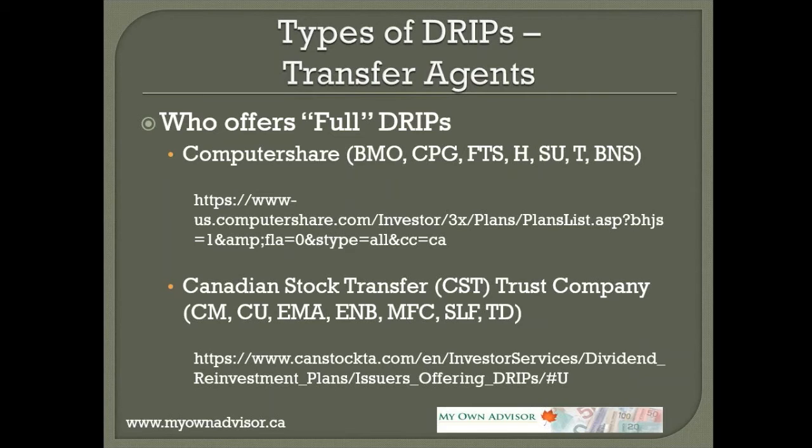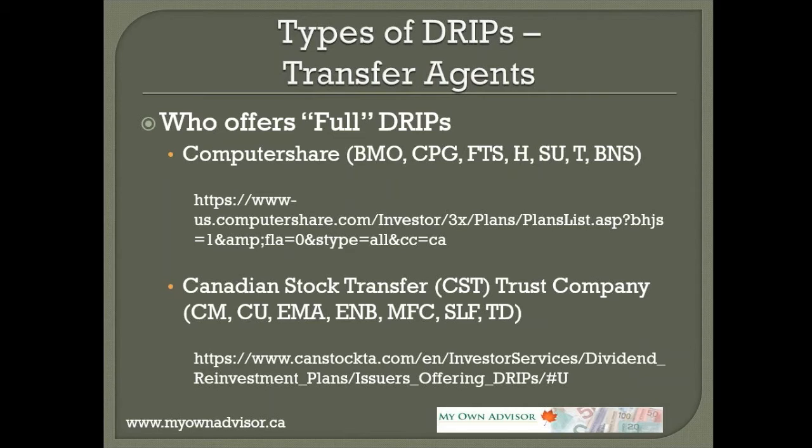Those are BMO, Bank of Montreal, Crescent Point Energy, Fortis is the FTS, H is Hydro, Suncor, TELUS, and Bank of Nova Scotia. I put a hyperlink there for you so you can copy that and check it out. It should show you all the plans that are associated with what Computershare offers, the DRIPs that they offer and all the companies that they support.